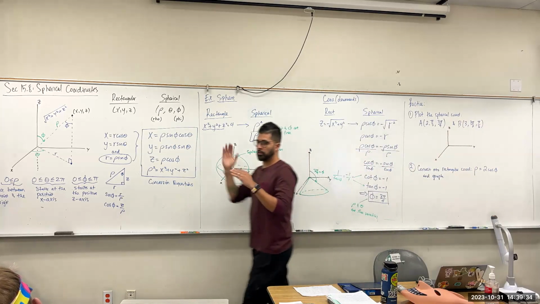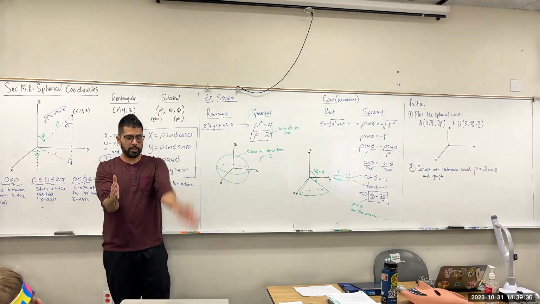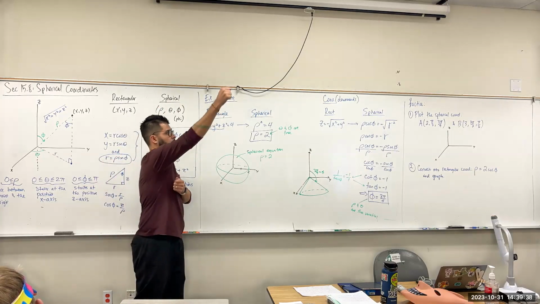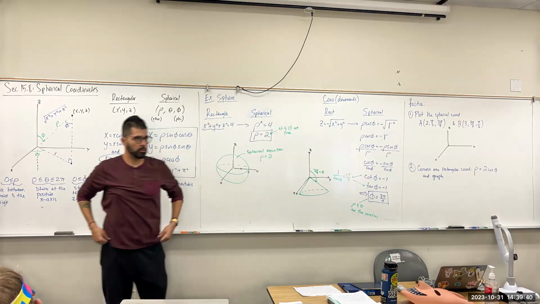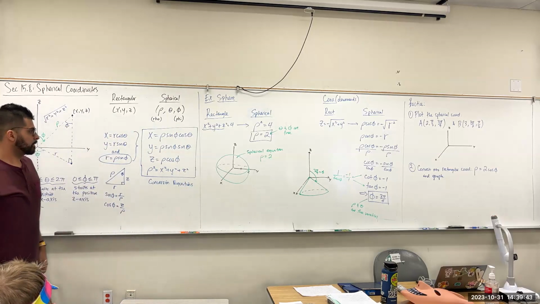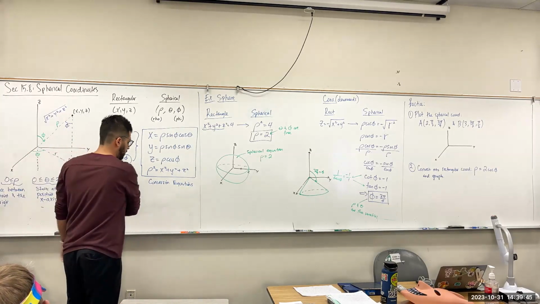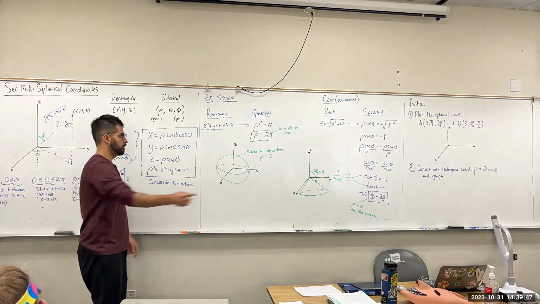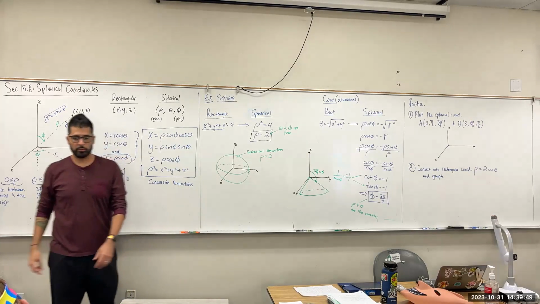So you start practicing the theta, the phi, and then the rho. So theta is only on the XY plane? The theta, yeah, it lives on the XY plane. Yep, exactly right. It's still the same one from polar coordinates.